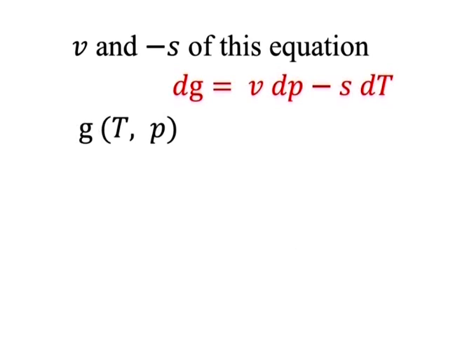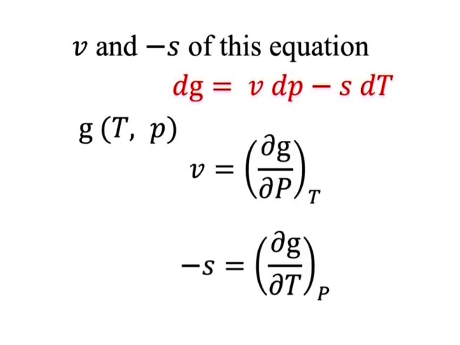And the coefficients v and minus s of this equation are partial derivatives of g(t,p). Therefore, v is equal to partial derivative of g with respect to p keeping t constant, and minus s is equal to partial derivative of g with respect to t keeping p constant.